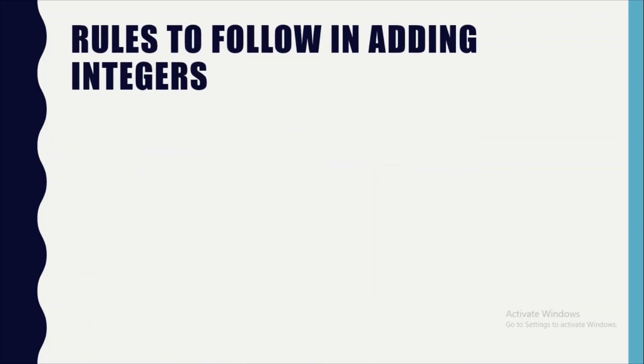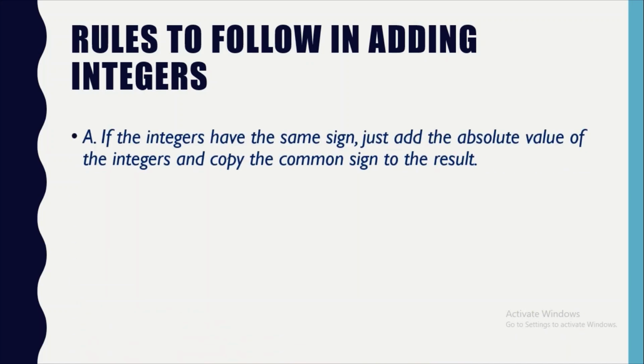Rules to follow in adding integers. So may mga rules tayo na dapat susundin if we're going to add integers. First rule. If the integers have the same sign, just add the absolute value of the integers and copy the common sign to the result. So ano bang ibig sabihin dito?